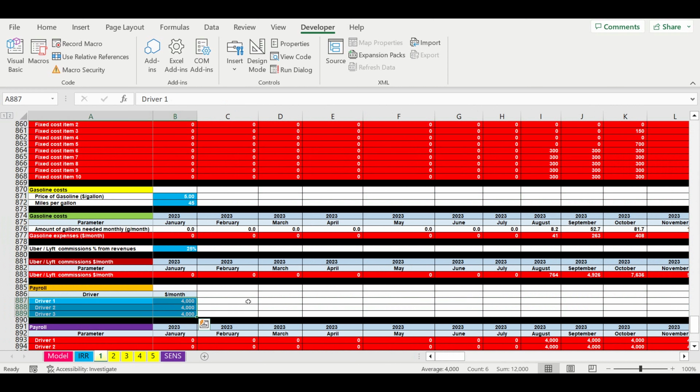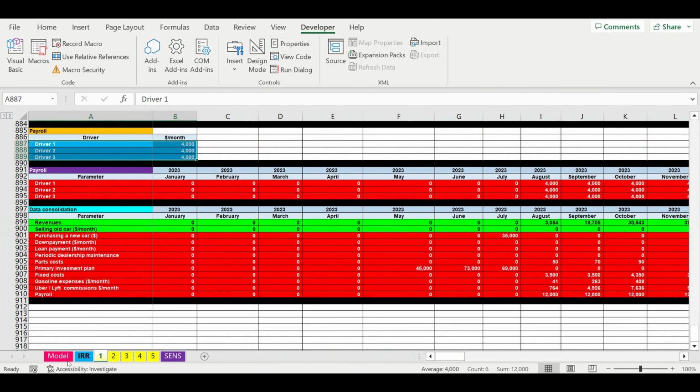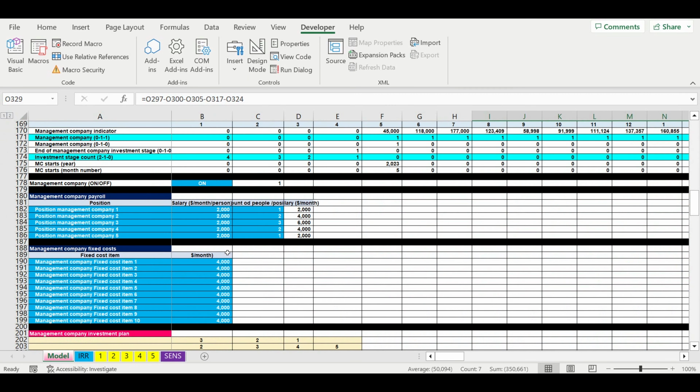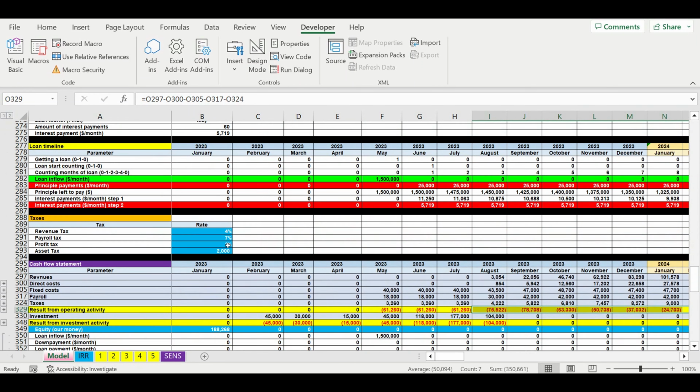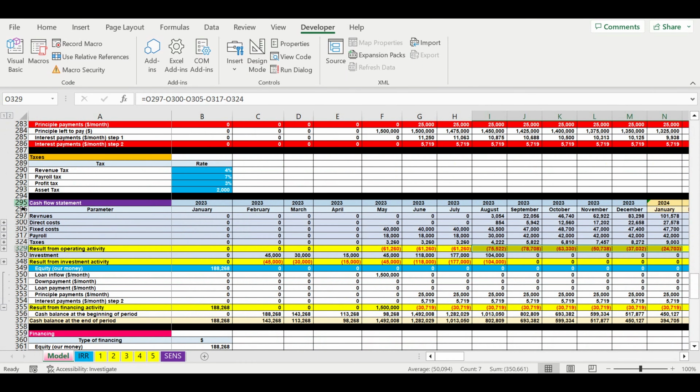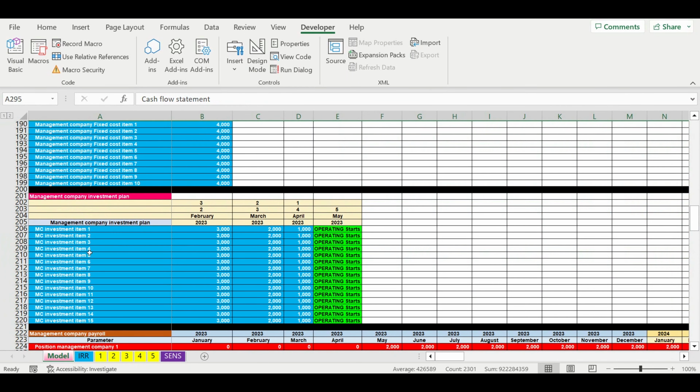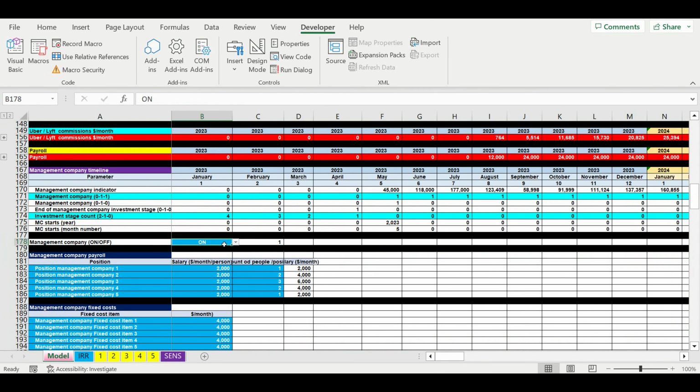And then all this data is coming to this tab, and all this stuff is flowing into the cash flow. Here it is. So we also have a management company. We can switch it on and off. We have a payroll for the management company. We have management company fixed costs.